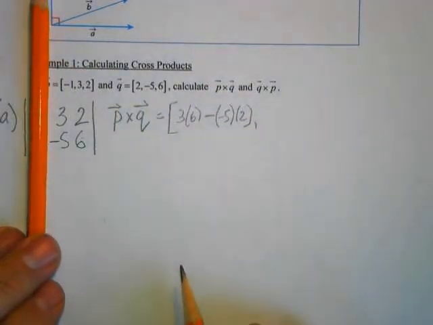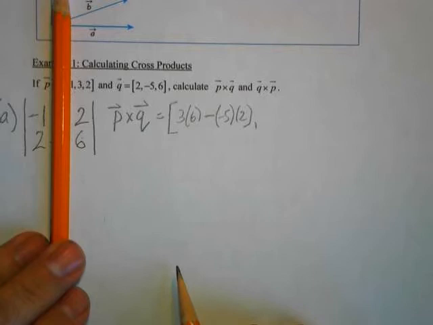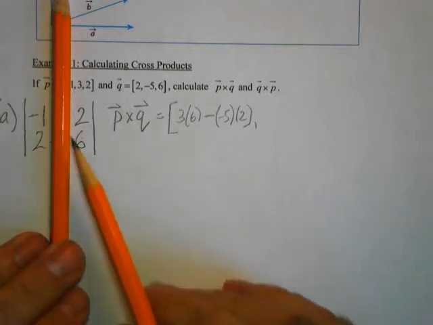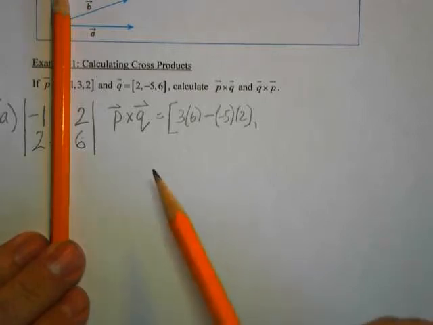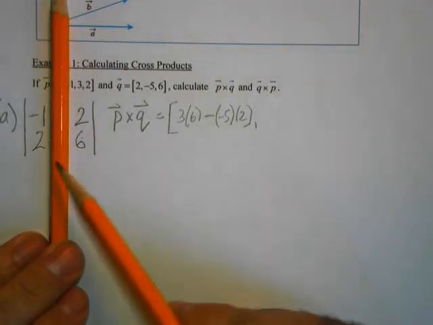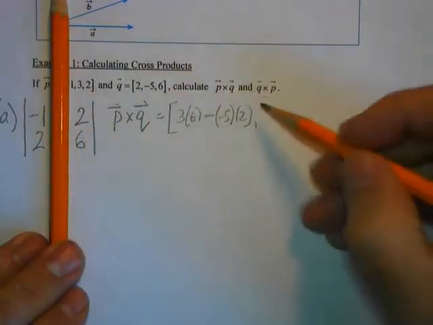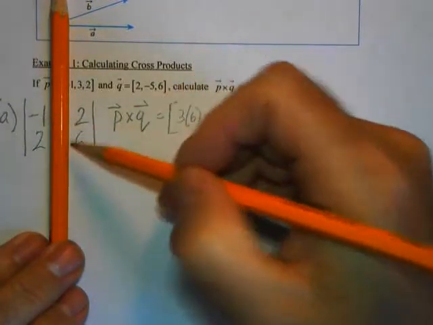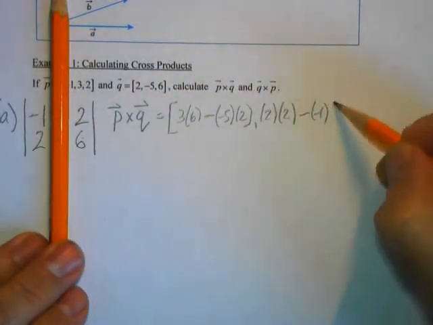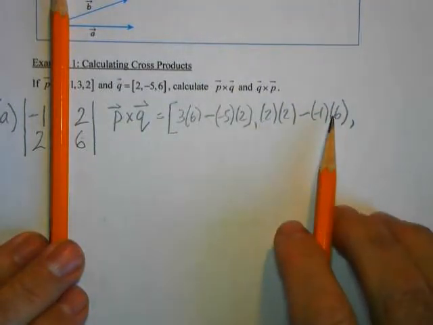The second component, we cover over the second column. And now we do cross multiply again and subtraction, but this time only for the middle one we do the opposite order. So this time we do 2 times 2 minus -1 times 6. And that result is the y component of the cross product.